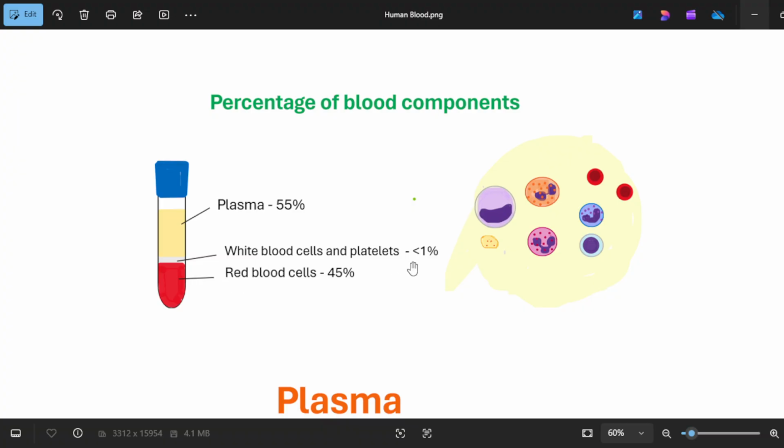So that's why the red blood cell count is huge, 45 percentage. White blood cells and platelets are useful when there are infections or any injuries, we require this. So that's why the percentage is not that much.